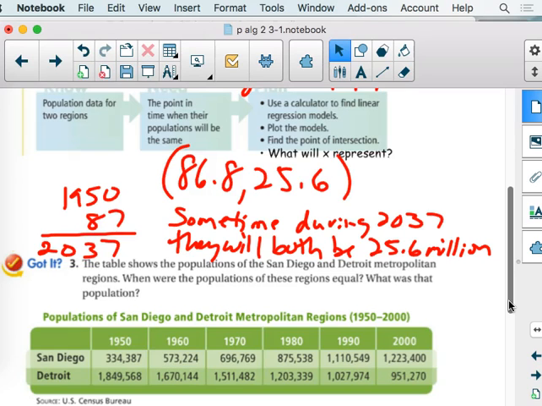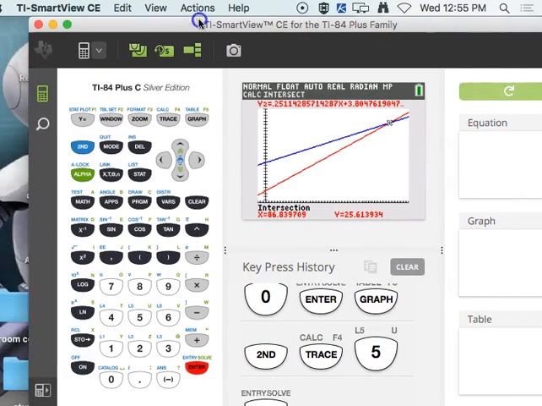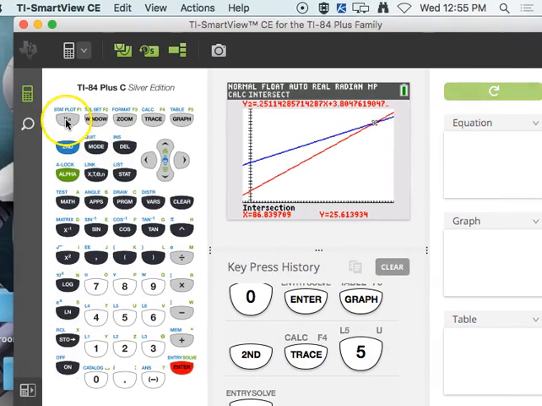This time the data is for San Diego and Detroit. So again, we're not going to use 50, 60, 70, 80, 90, 2000. We're going to use the 0 year. So that means we don't have to do anything with list 1. List 1 is perfectly fine.